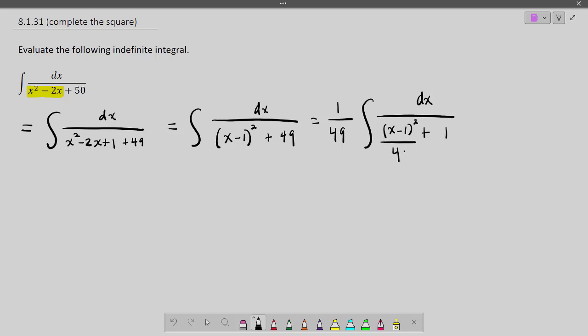And if we factor out a 49 from something that doesn't have a 49, we use our magic bullet. We multiply by 1. And so then this 49 gets factored to the denominator, and we have x minus 1 squared over 49. But we don't want this term written like that. We want to write it as a single square.